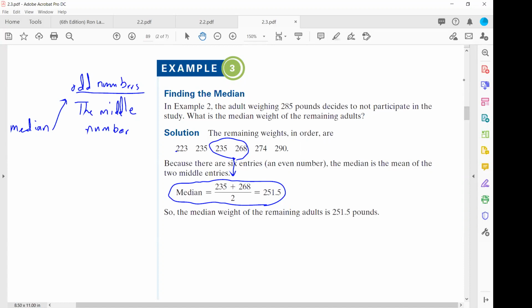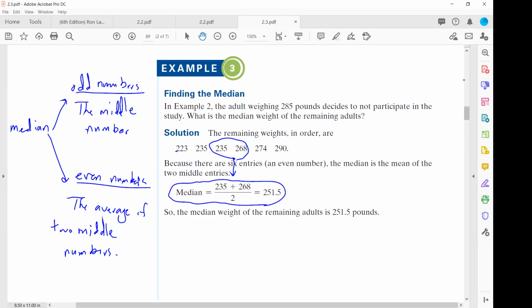If you have an even number of entries, if you have 10 entries, 12 entries, or 20 data, the average of the two middle numbers is the median.